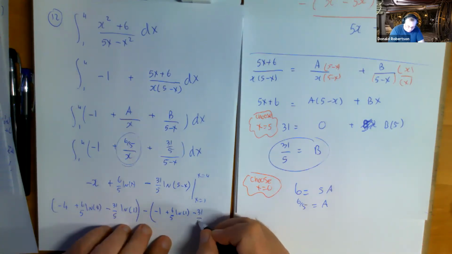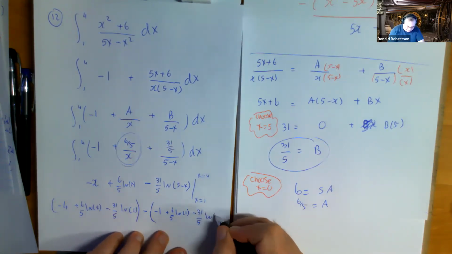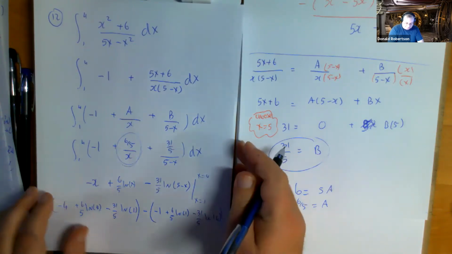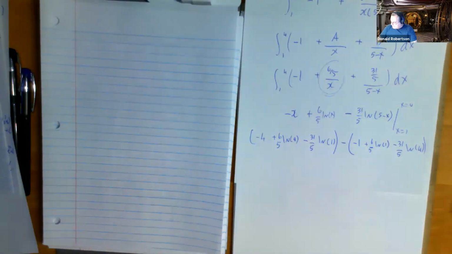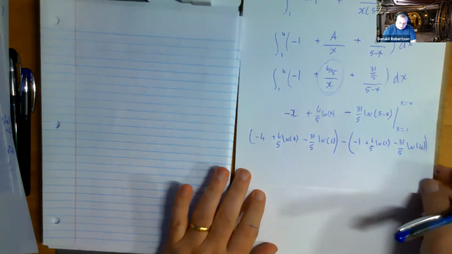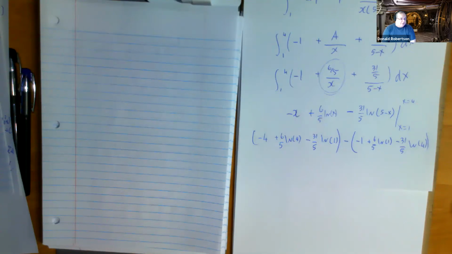Take away 31/5 the natural log of 4. That's not a very nice looking answer. And we're not allowed to just leave it that way because we don't want to make it better. We have to make it better.